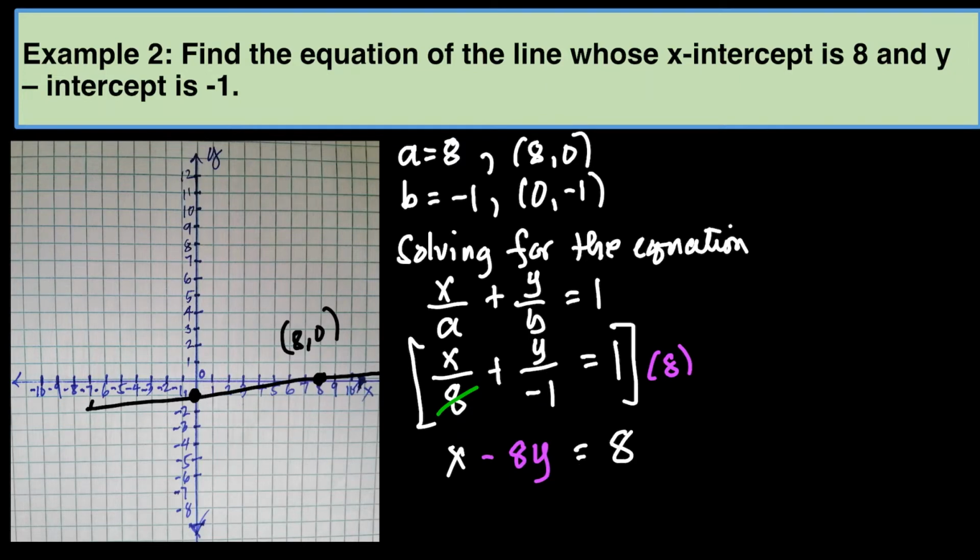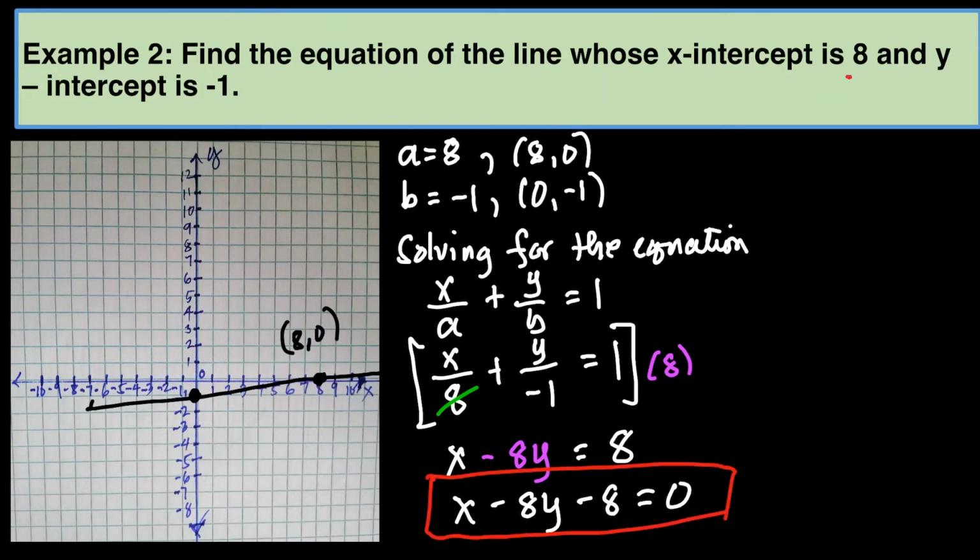Expressing it in general form, this will give us x minus 8y minus 8 equals 0. So this is the equation of the line whose x-intercept is 8 and y-intercept is negative 1. This line is x minus 8y minus 8 equals 0.